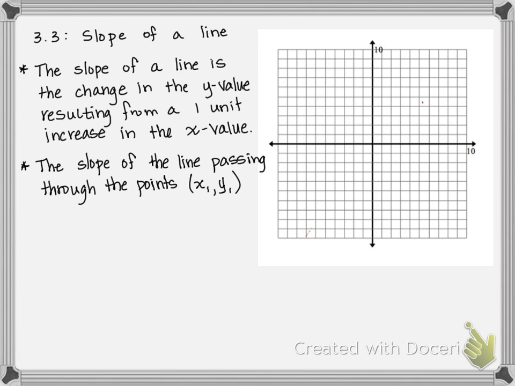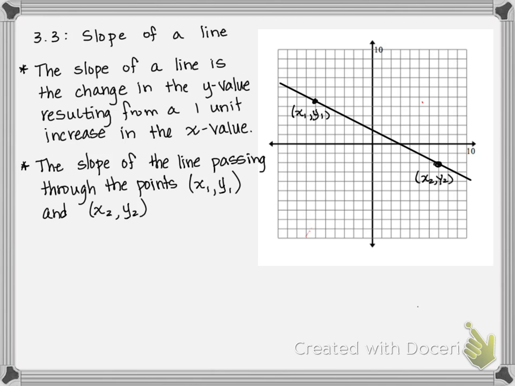They just serve as labels so that I can distinguish one x value from another. Those subscripts don't do anything mathematically. So we've got some line, and we've got a couple points on it. This one we're going to call x1, y1, and this one down here we're going to call x2, y2.